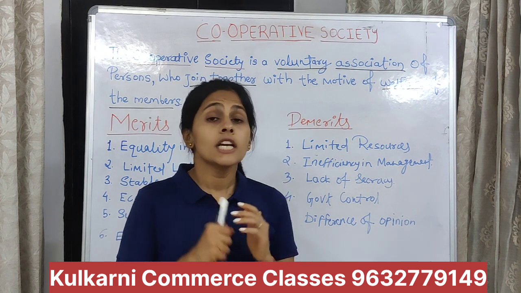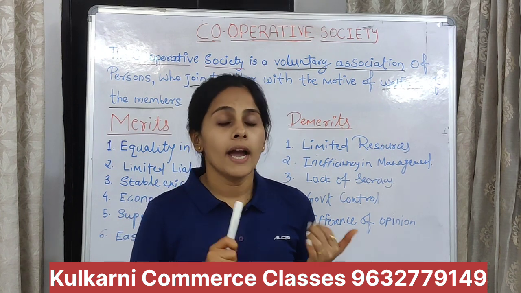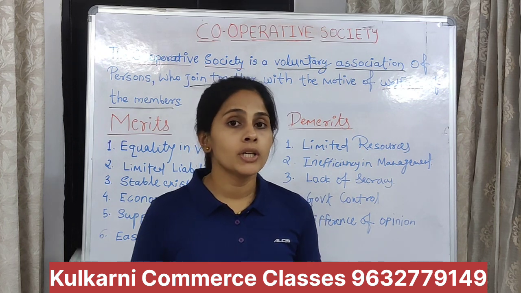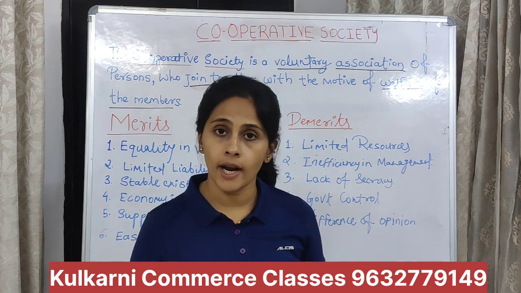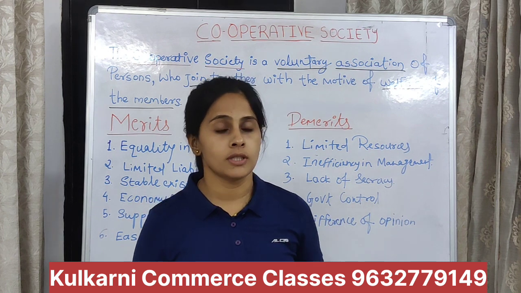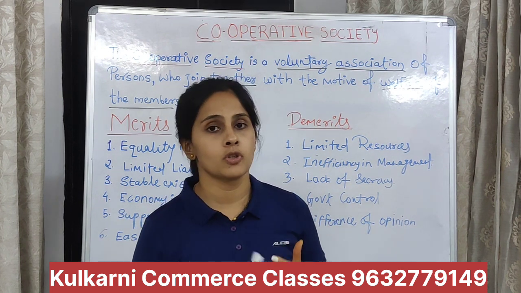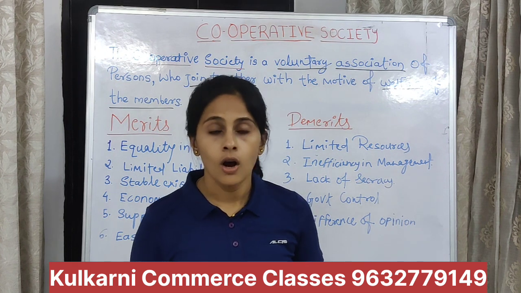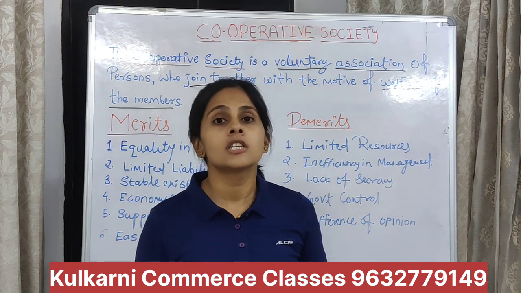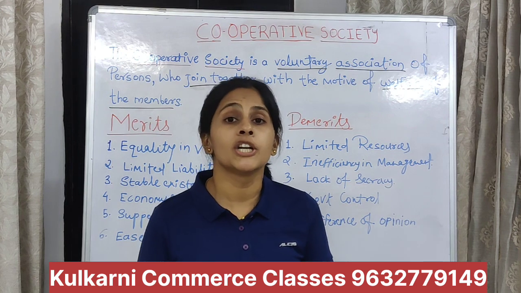Understood? In case of partnership, what happened? If any partner dies, again we have to enter into a new partnership deed contract. But in case of cooperative societies, if any member dies or leaves the cooperative society by his own will, then also the existence of the cooperative society will continue.